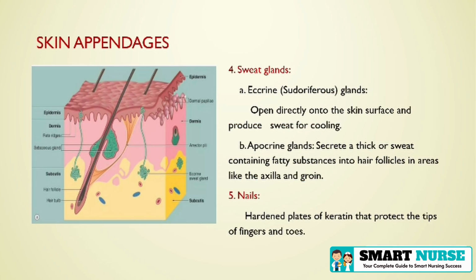Sweat glands. The sweat glands produce sweat or perspiration. The sweat glands are of two main types, eccrine glands and apocrine glands. Eccrine glands open directly onto the skin surface and produce sweat for the cooling of our skin.